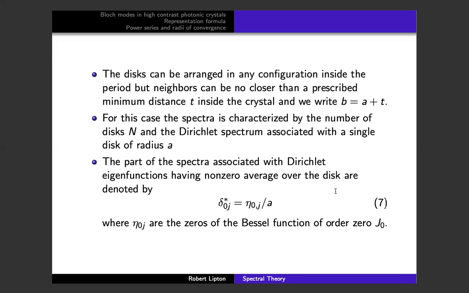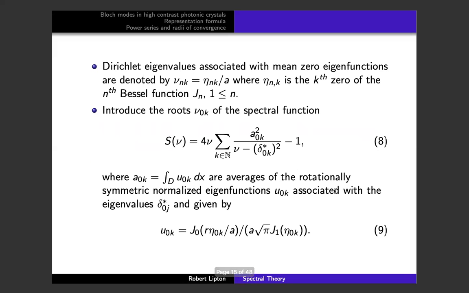These correspond to the Bessel functions of order 0, because those are the eigenfunctions that have non-zero mean. They don't depend on theta, the azimuthal angle. We also examine Dirichlet eigenvalues associated with mean zero eigenfunctions. Those are the delta stars.